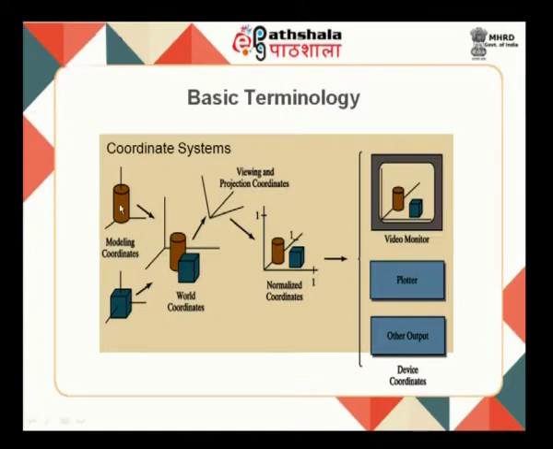Initially, all the objects were assuming local coordinates, which are also called modeling coordinates, and when we have put them with respect to another reference position, which we call the world coordinate system, all these objects assume world coordinates, and the next step is to convert the world coordinates to viewing coordinates.